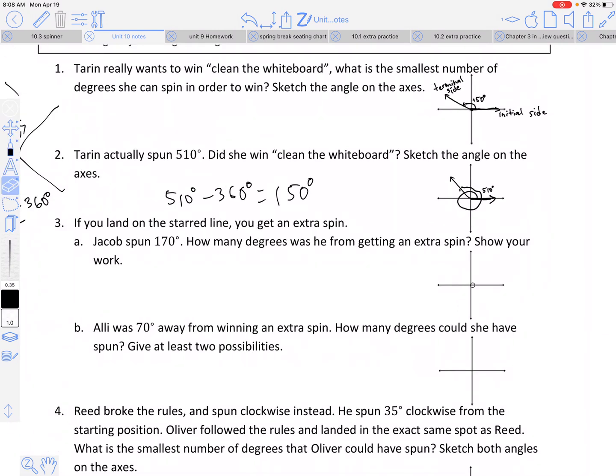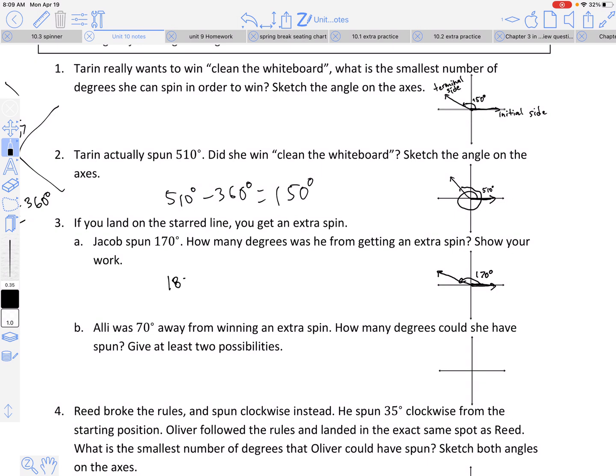All right, so he started, as we talked about, right here, his initial side, and then he spun, and he got 170 degrees. So I didn't spin it too hard, right?